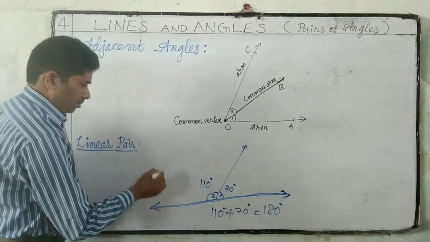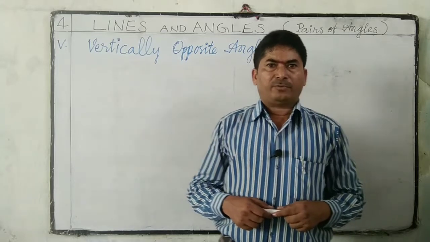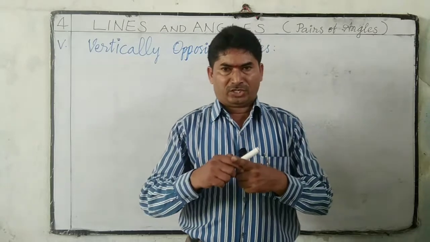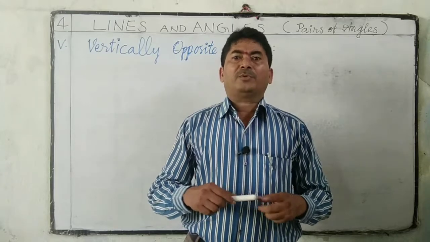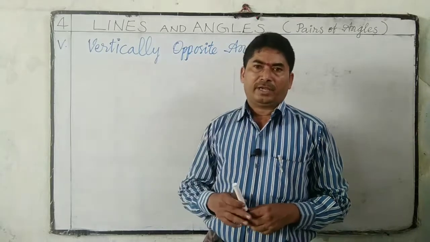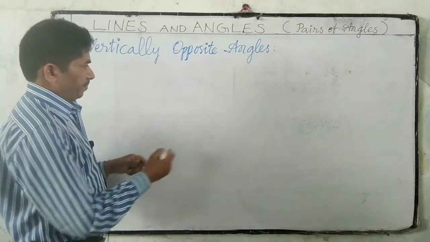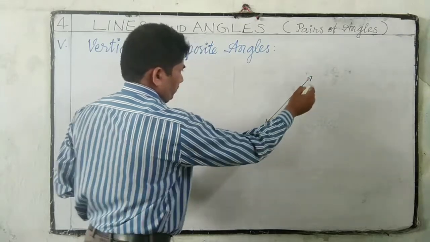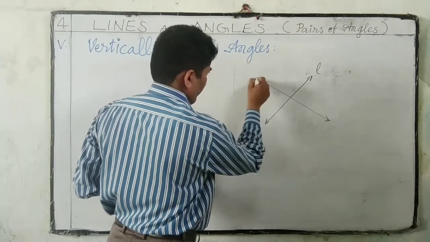Vertically opposite angles. What are vertically opposite angles? If two lines intersect each other at a point, then the angles formed opposite to each other are called vertically opposite angles. Let us observe these angles on a figure. This is one line. This is one more line, LM.